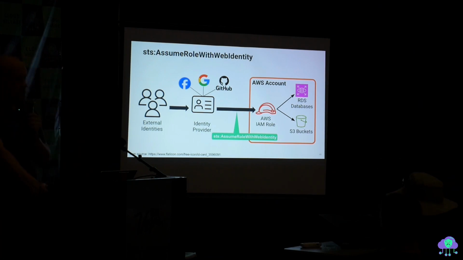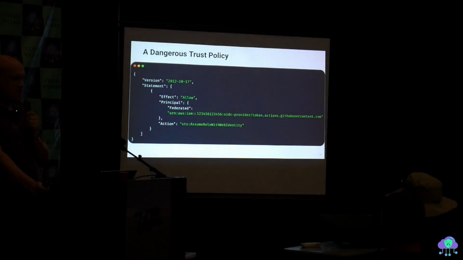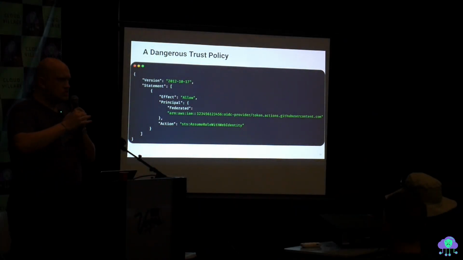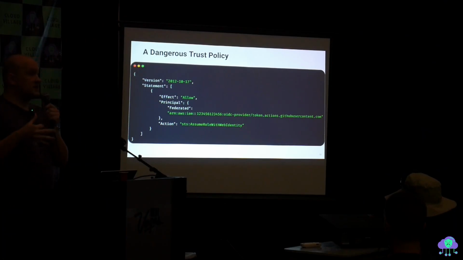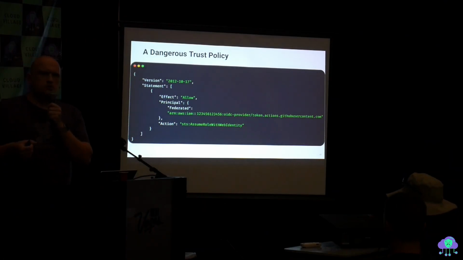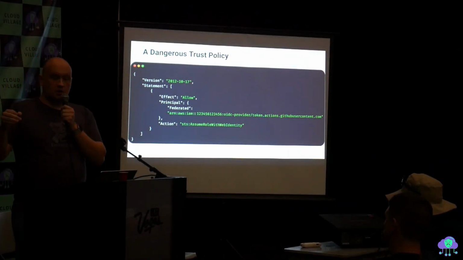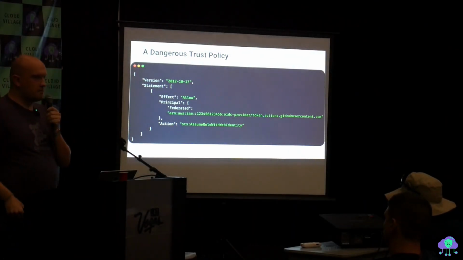So, like I said before, every IAM role has a role trust policy. And what you see here on the slide is the most basic, bare bones, simple trust policy you could possibly have when using assume role with web identity. What it says is that we're going to allow the GitHub identity provider to assume role with web identity.